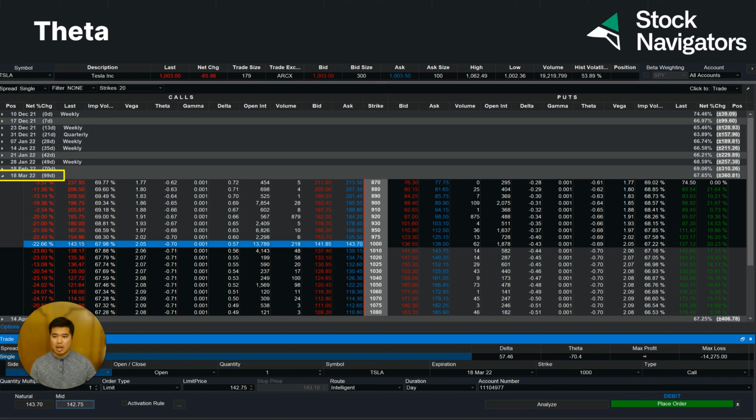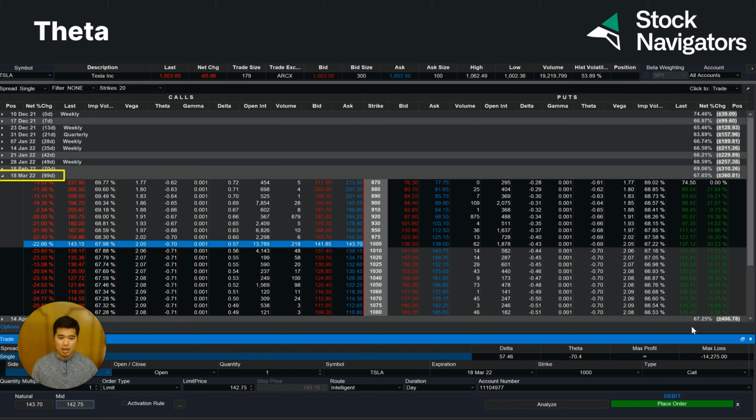For example, I'm looking at Tesla. Maybe I'm picking a contract expiring 3 months from now, on March 18th of 2022. Let's say I pick the strike price at the money. Tesla is trading around $1,003 right now.